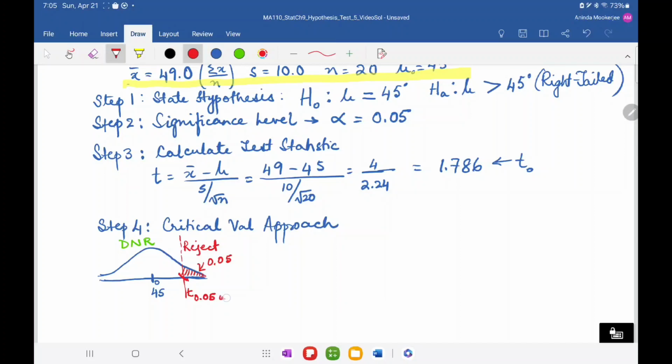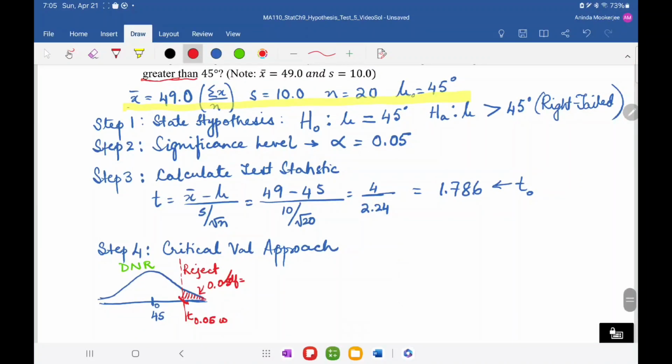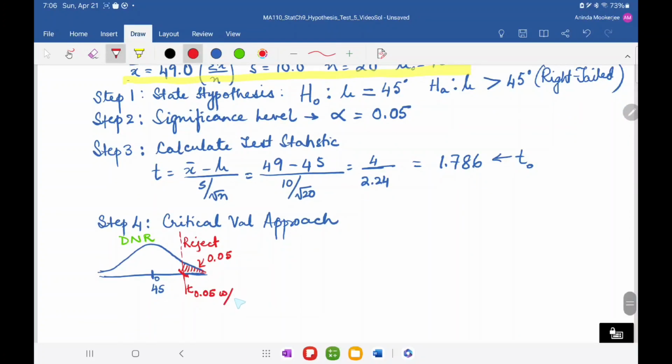So what is the df? Let's calculate that. The writing is kind of playing around with me. The formula for the df is df equals n minus 1, which is 20 minus 1, giving us a df value of 19.